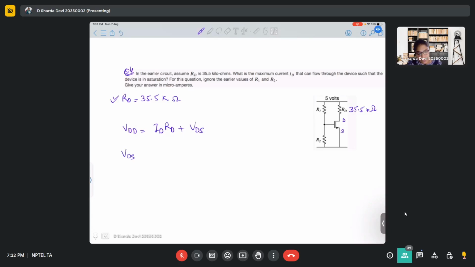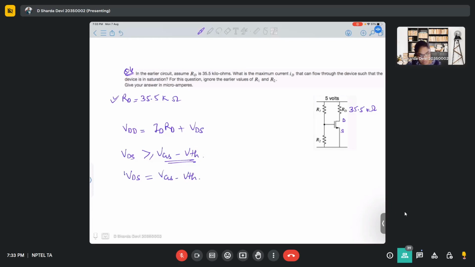Your VDS should be greater than or equal to VGS minus VTH, right? So the minimum voltage that you need across VDS is VGS minus VTH. So let's say VDS is VGS minus VTH, right?